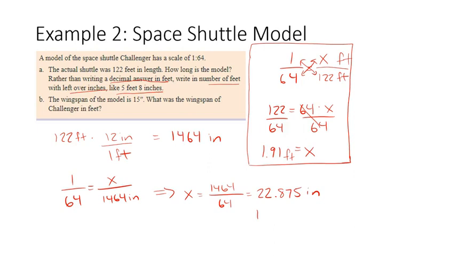Well, there's 12 inches in 1 foot, so this is 1 foot, 10.875 inches, or about 1 foot and 11 inches.